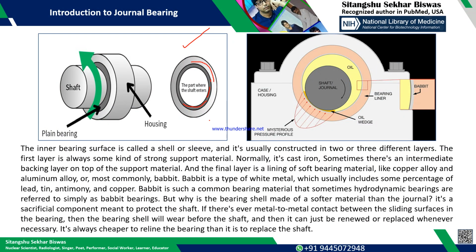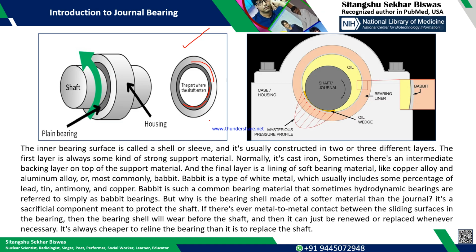There may be a question in your mind: why is this bearing shell or bearing material made of soft white metal, while the shaft is such hard material, and extra hardening treatment is also done? Basically this bearing is treated as a sacrificial component. That means it will sacrifice to protect the shaft.